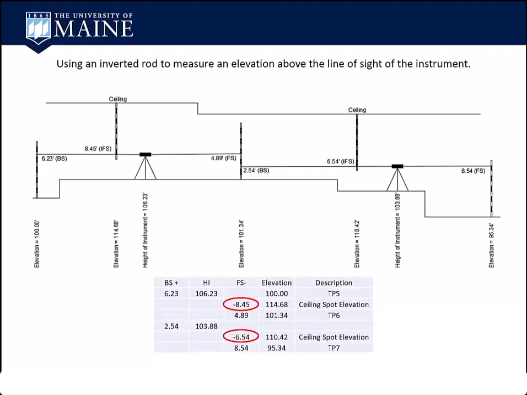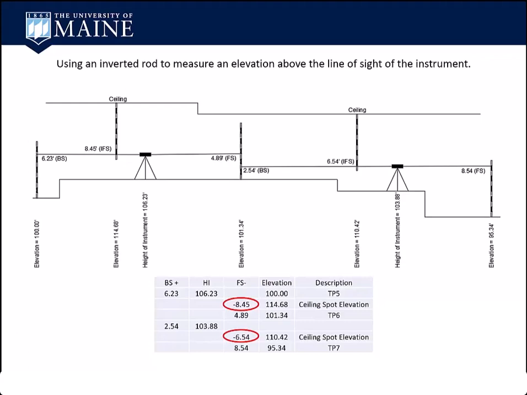The turning point is, when you read 4.89 on the turning point, you subtracted it from the HI to get an elevation. Now you move to the setup on the right, and you read turning point 6 as a backsight at 2.54. Your HI is 103.88.